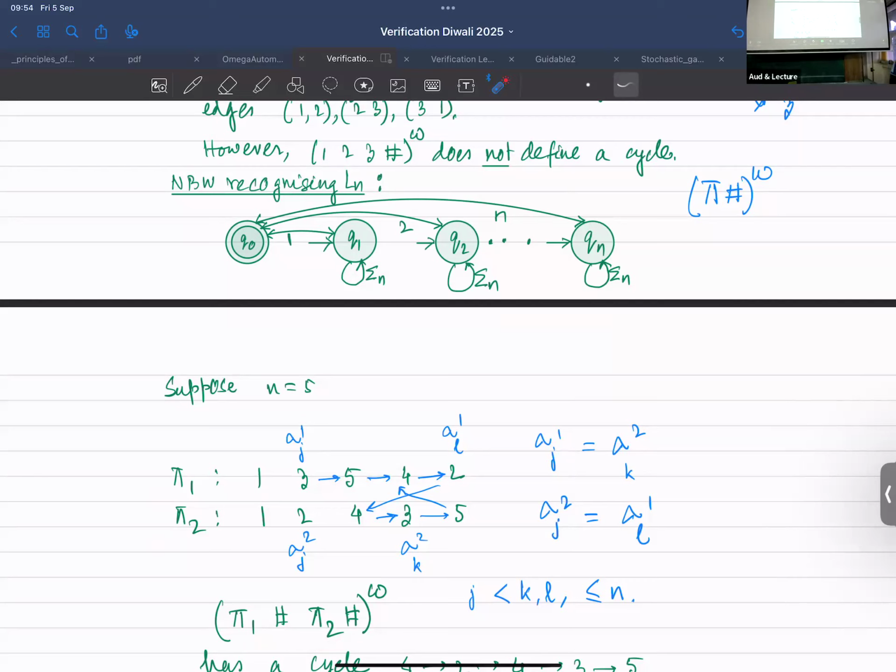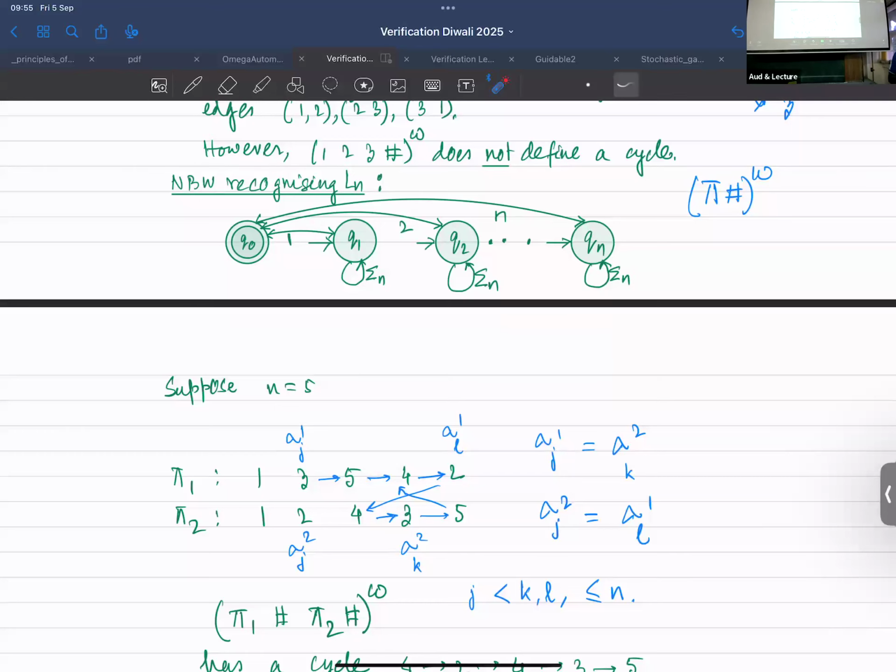This n can be anything, and these can be any two permutations. Will this word be accepted? It will be accepted. Why?